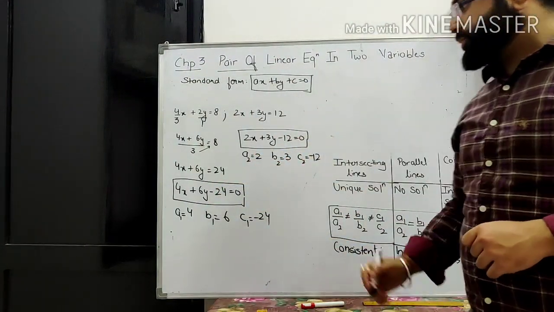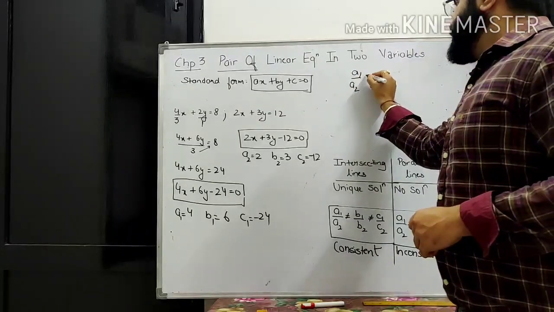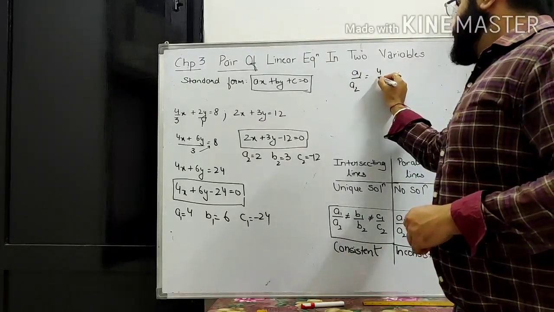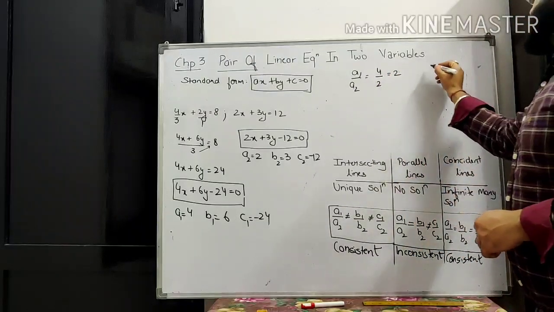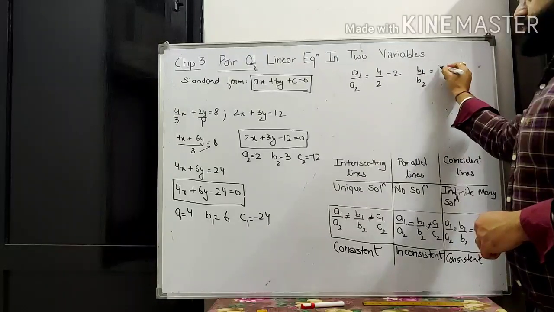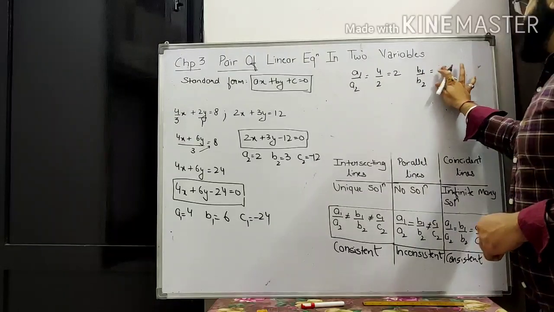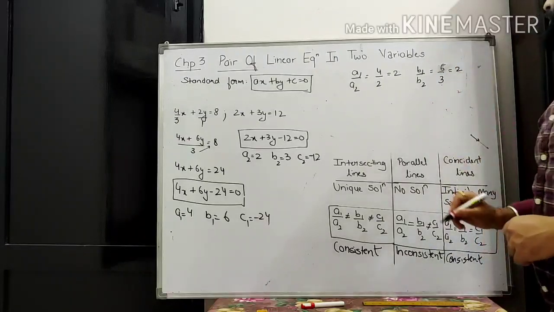We need to compare the ratios. So we'll get a1 over a2, that is 4 by 2, answer is 2. Next, b1 over b2, that is 6 over 3, again 2.